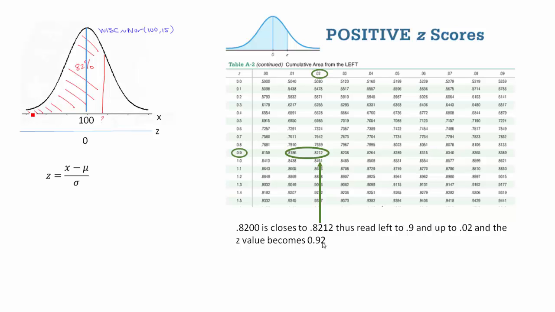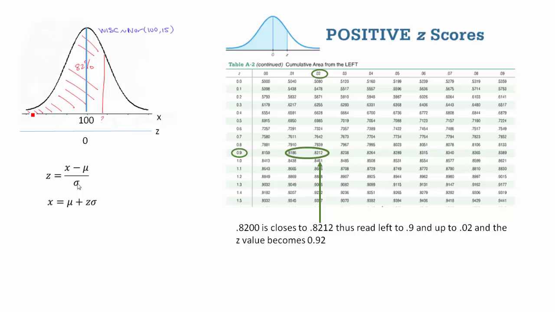Once we get our z-value, what is it that we know? We know that our conversion equation, our transformation equation, is z is equal to x minus the mean divided by sigma. We know what z is. We don't know what x is. We know what the mean is and we know what sigma is. So we can actually solve this equation for x.